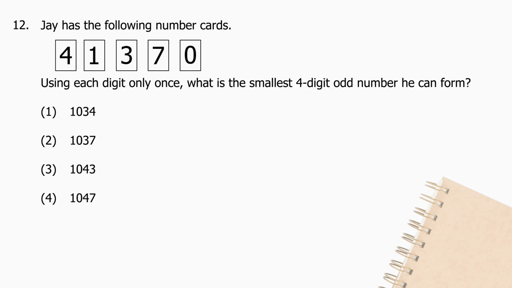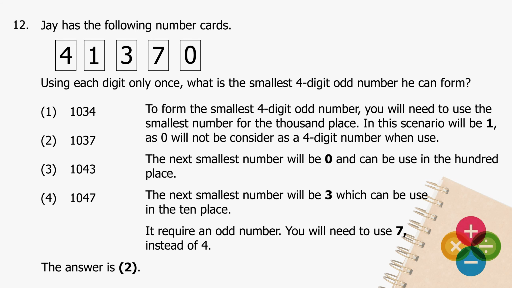Question 12. J has the following number cards. Using each digit only once, what is the smallest 4-digit odd number he can form? In order to form the smallest 4-digit odd number, you will need to use the smallest number for the thousand place.